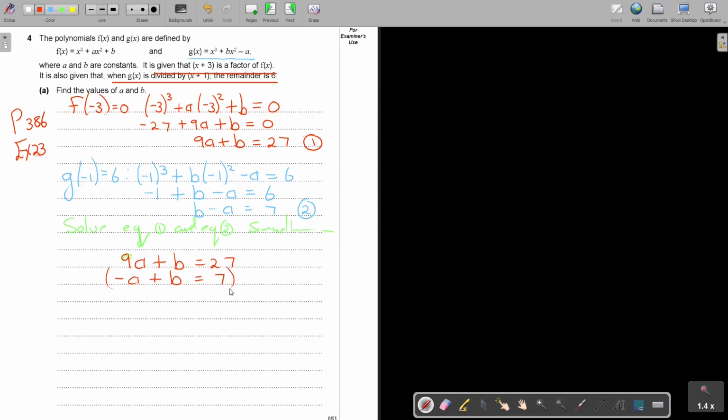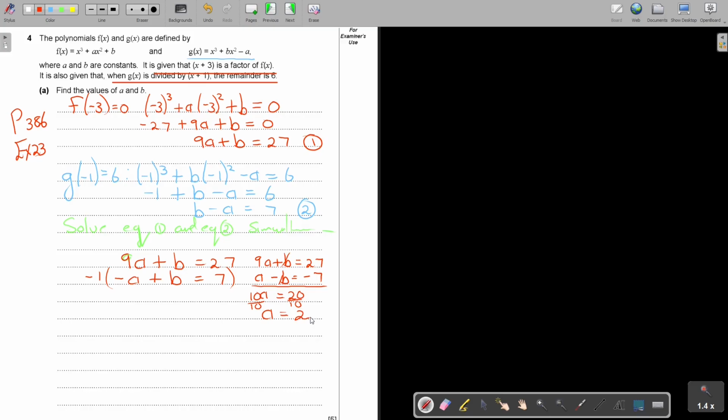What will I do? I will multiply with a negative. If I do that, 9a plus b equals 27, and it will become a minus b equals -7. So 9a plus a is 10a, the b's cancel out, and that is going to be 20. I divide by 10, and the value of a is equal to 2.